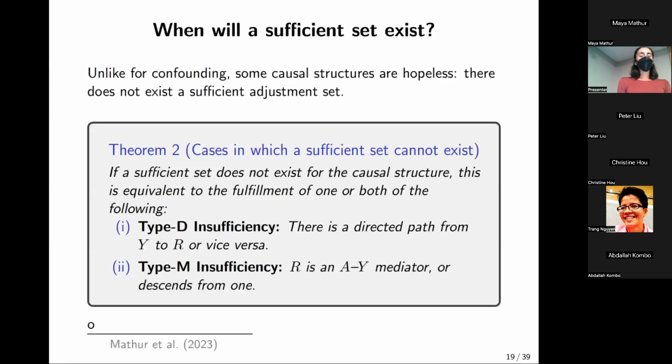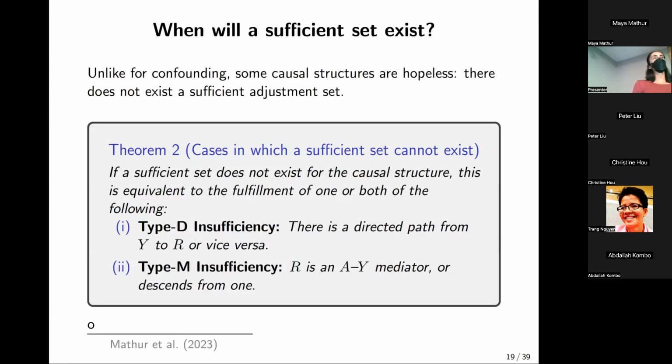Okay, but now we have the caveat, right? So when will a sufficient set exist? Unlike for confounding, some causal structures, unfortunately, are hopeless for covariate adjustment with selection bias. There is not a sufficient adjustment set in the way I've described. And so it turns out that there are two categories where this would happen. The first one is what we call type D insufficiency.